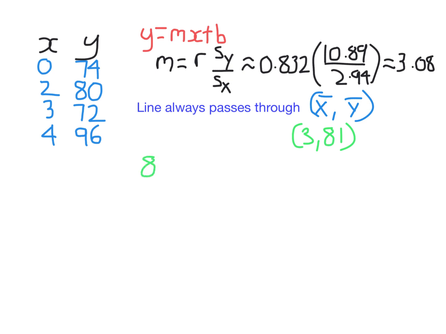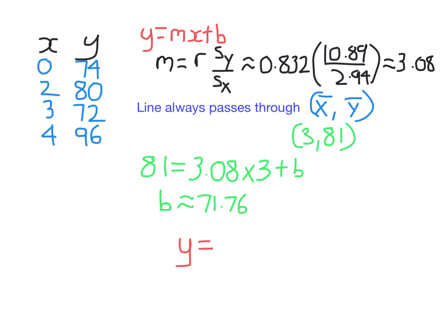The Y value equals M, which we found was 3.08, times the X value plus B. Rearranging this equation, we're really just subtracting 3 times 3.08, which is 9.24. We get that B is about 71.76. Accordingly, our least squares regression equation is y equals 3.08x plus 71.76.